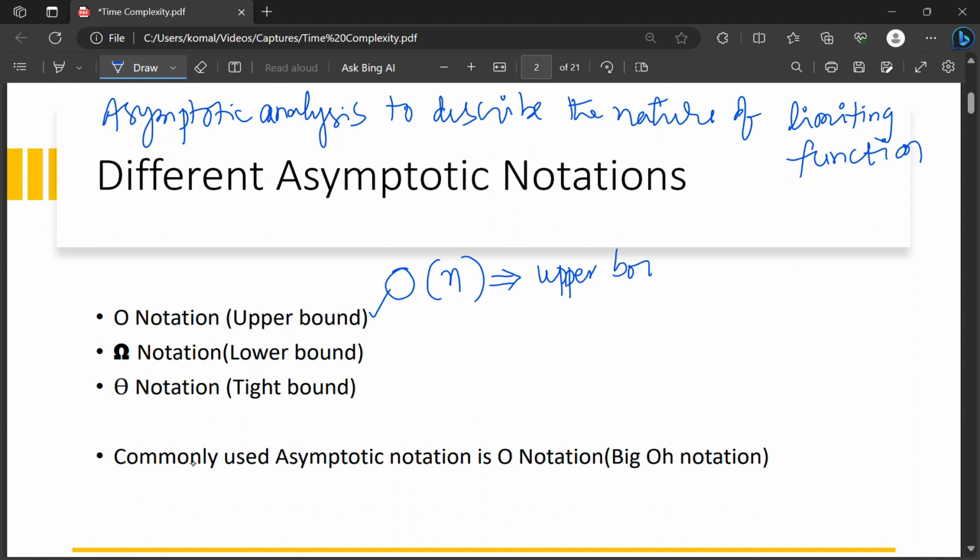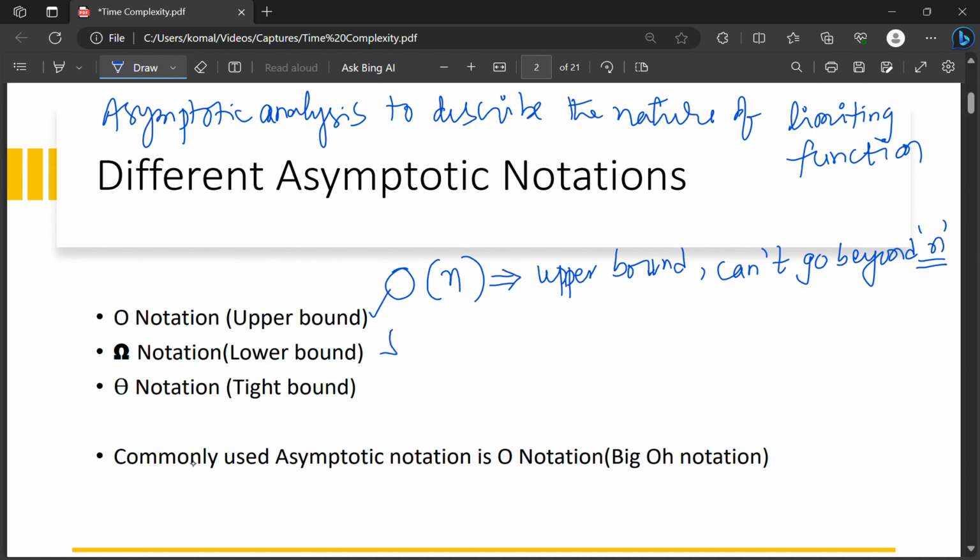That means the algorithm cannot take time beyond n. That is called upper bound. If I mention big O of n is the time complexity of one algorithm, the maximum amount of time that the algorithm takes is n, not more than that.